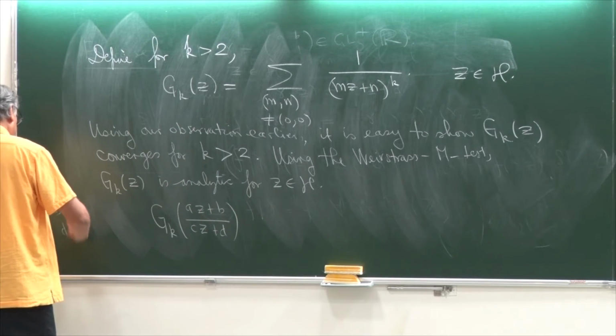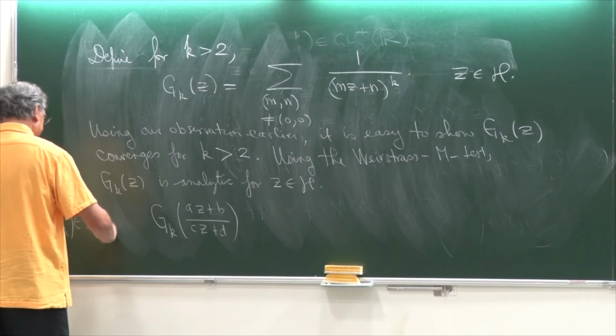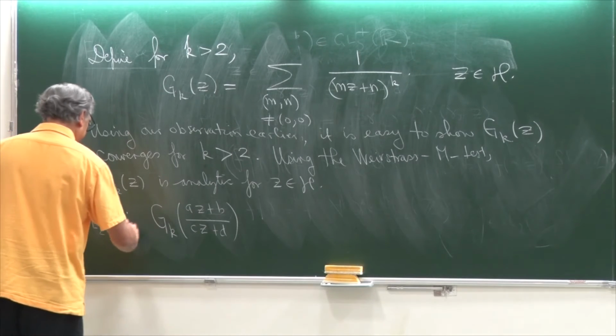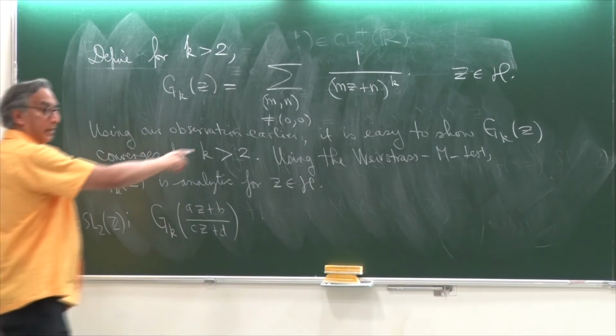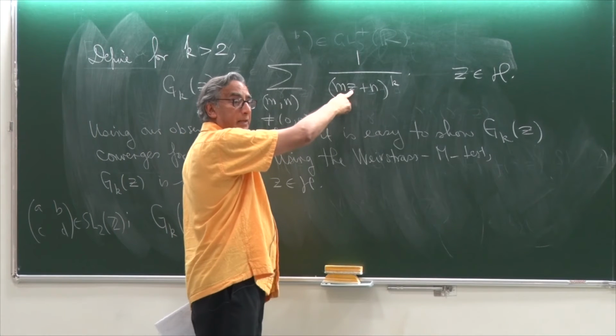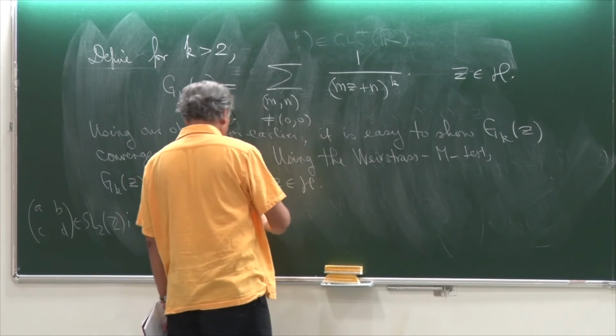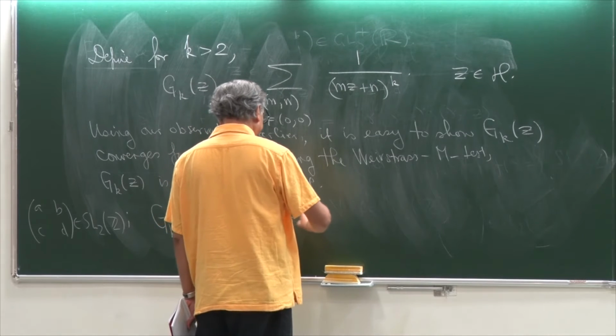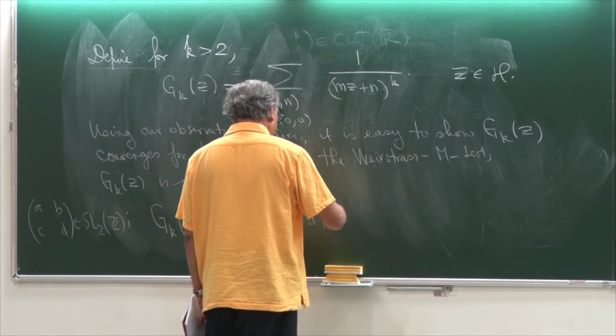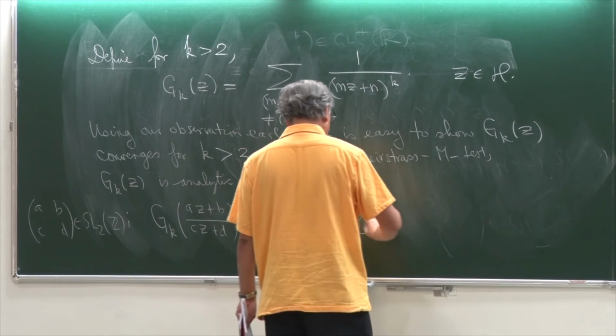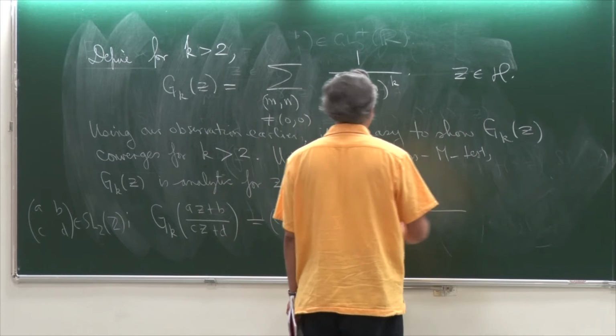When you try to calculate this, you find that I will substitute for z, (az plus b) over (cz plus d), and then do the obvious. You will get a (cz plus d) to the power k in the numerator outside, and then you will get the summation of 1 over whatever it is.